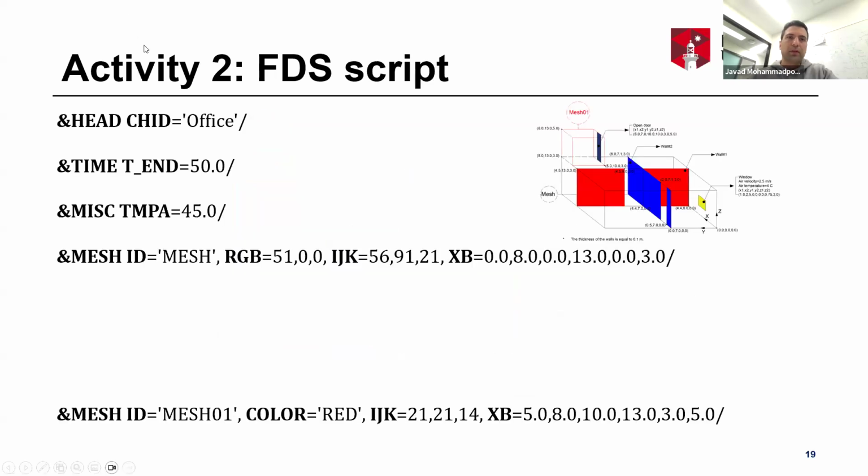So the first step is starting and completing our input file for the script. We start with the head, and we will finish it with the tail. You need to include this ampersand symbol. So, HEAD CHID. I name this domain as an office. You can name it anything you like, it's optional, such as a building.